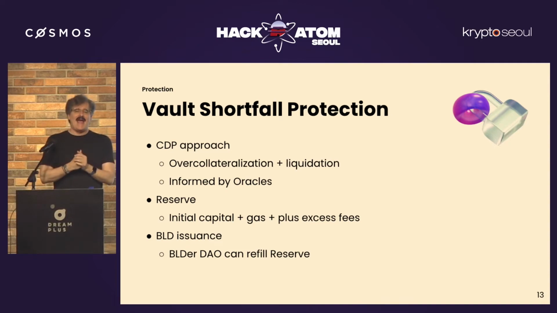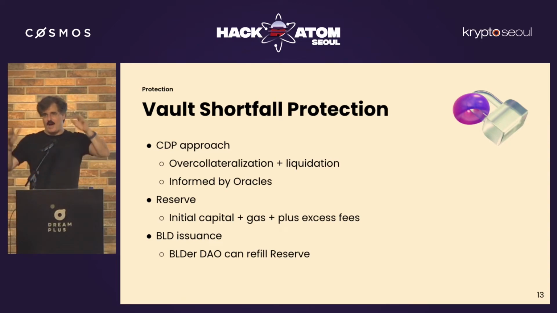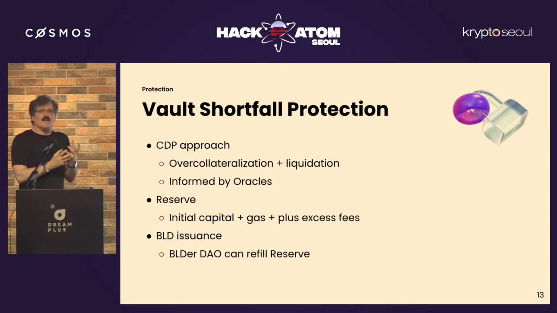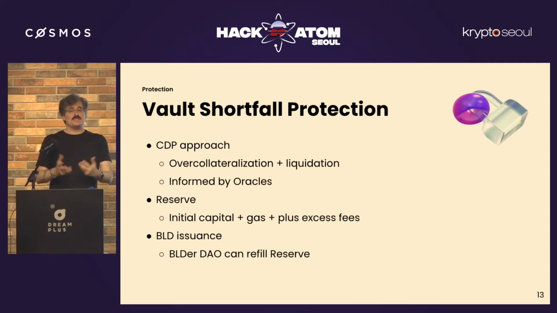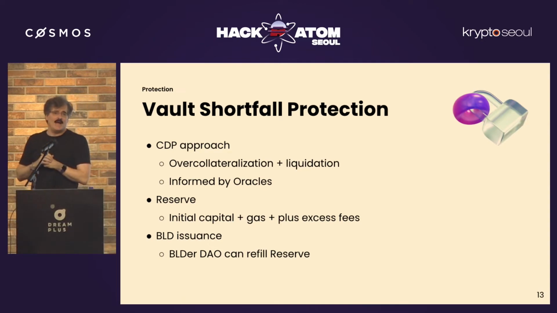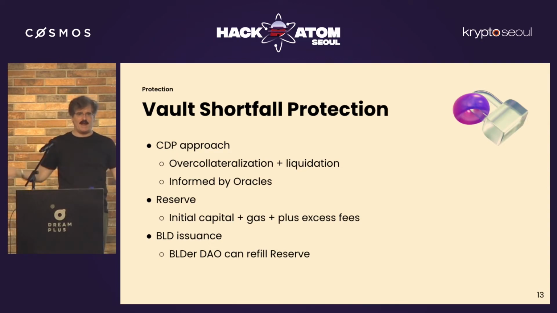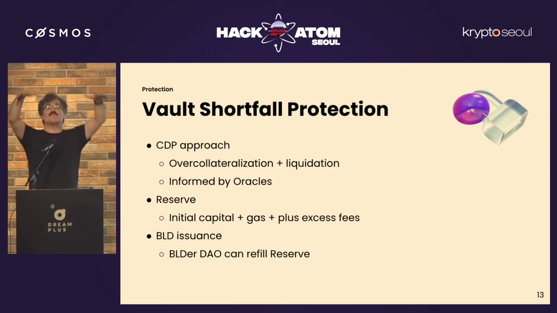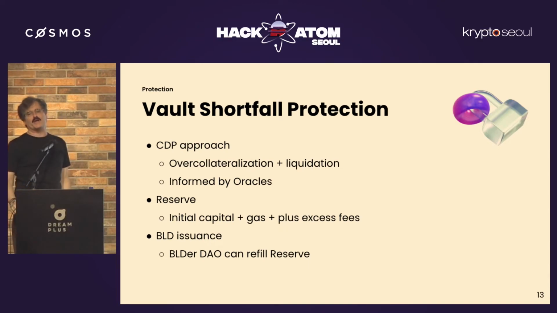It will accumulate assets over time as it buys things that are at a low price, as managed by an economic committee that I'll talk about in a minute. And that reserve covers any shortfall so that all the rest of the IST that people have borrowed or minted out there remains robust and has parity to $1. And that's sort of the main mechanism by which all of the system can remain robust, even though the value of the market is going up and down.